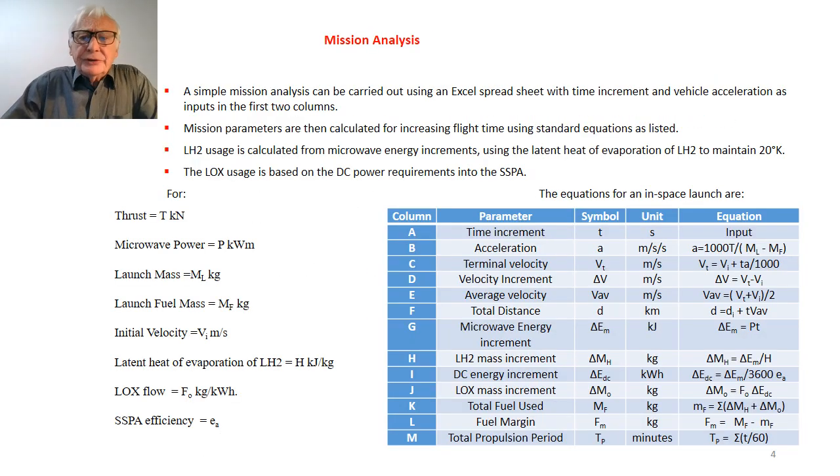For our first mission analysis, we will use a very simple example of the deep space probe under space launch. So we'll make it as simple as we can for this first analysis.